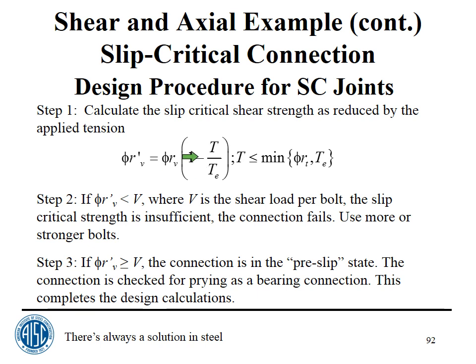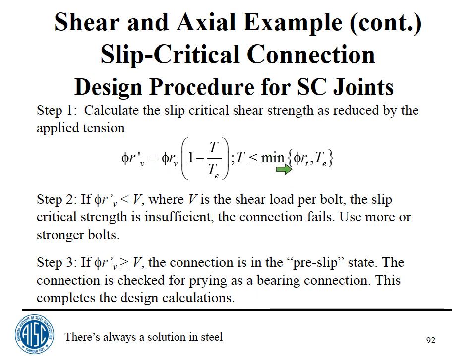Subtract that from 1, multiply it by the shear strength of a slip critical connection without tension. That's the one that involves the mu factor, like 0.5 for surface class B and 0.3 for surface class A, and includes a whole bunch of other stuff like hole factor and that sort of thing. It's all in specification section J3.8, which I am not getting into.